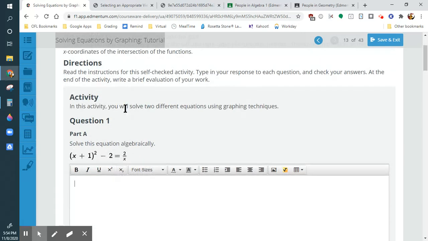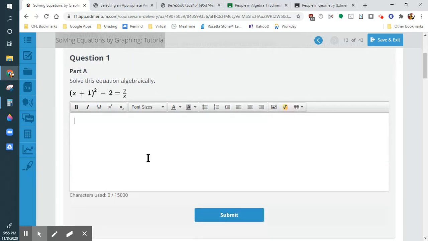The tricky part here is they're giving us two variables. Okay, so what I'm going to do is I'm going to multiply everything by x to get rid of that x. So by multiplying everything by x, I get x plus 1, and this is going to be squared. Let me put this in the equation editor for you guys.